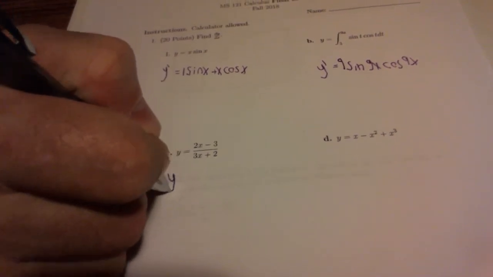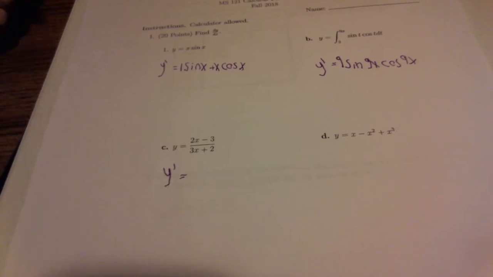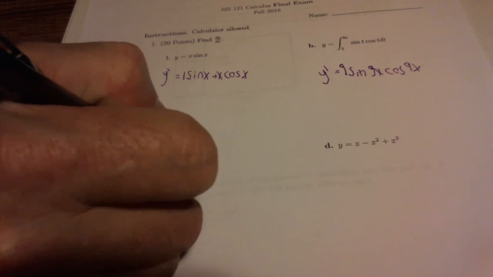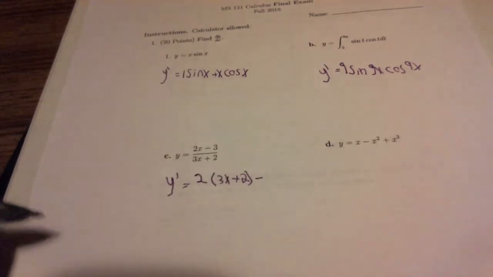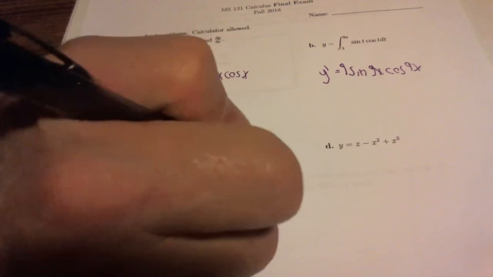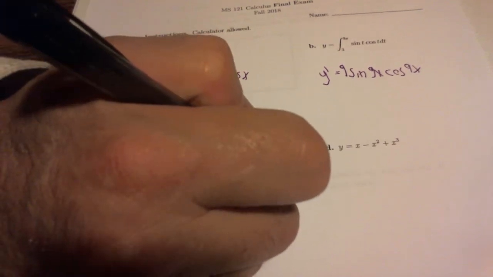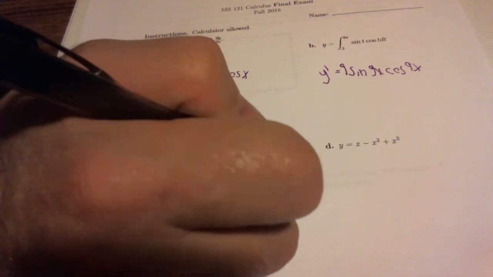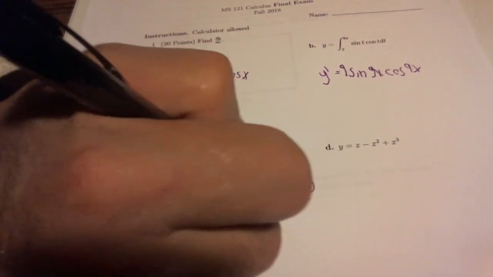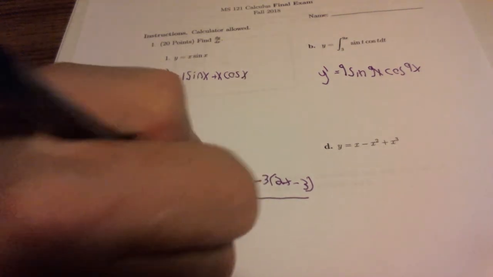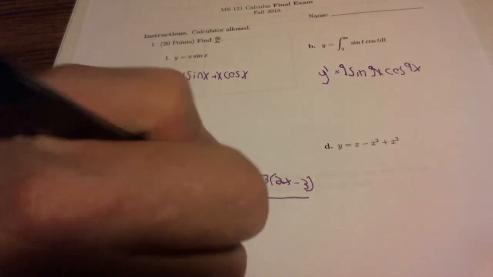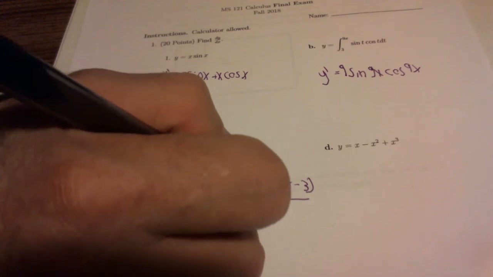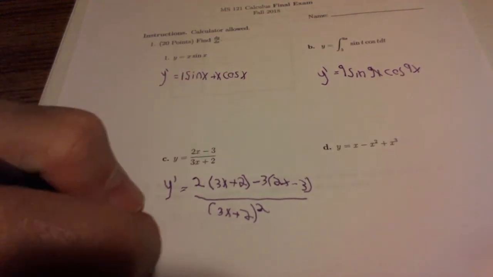y prime equals. Oh, somebody gave me the quotient rule. Derivative of the top times the bottom minus the derivative of the bottom times the top all over the bottom squared. I think we can simplify.